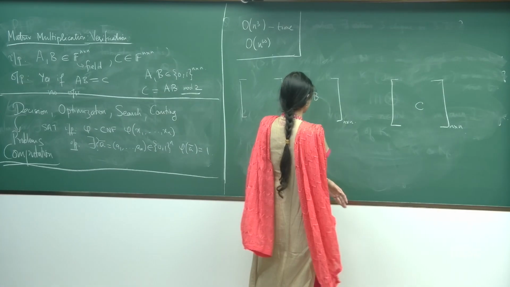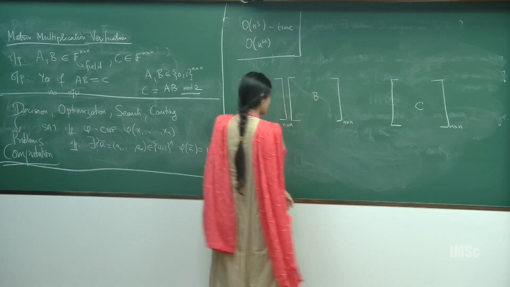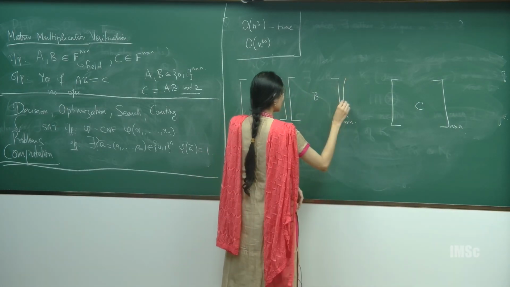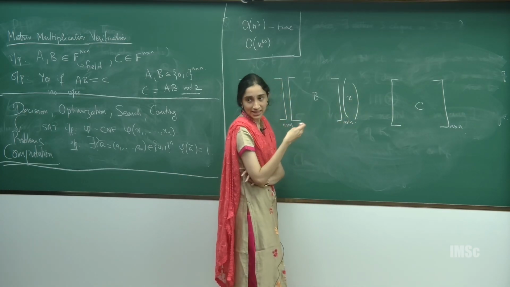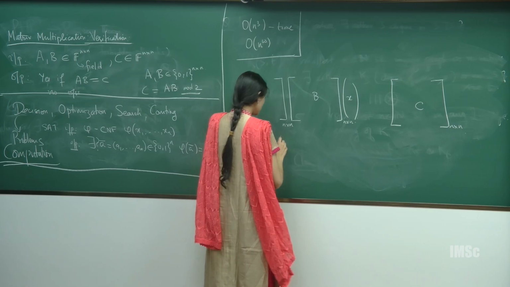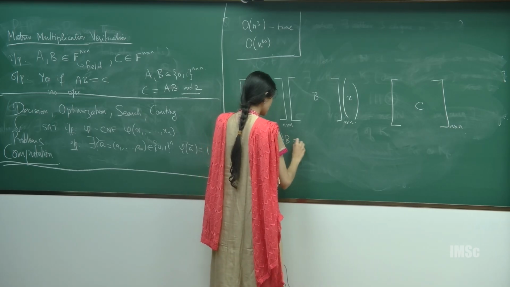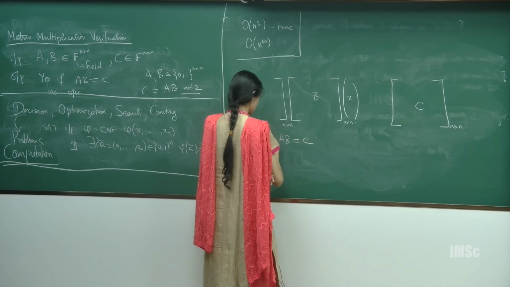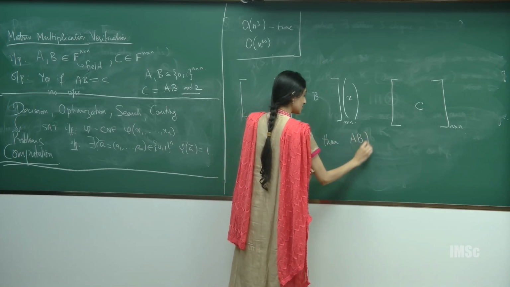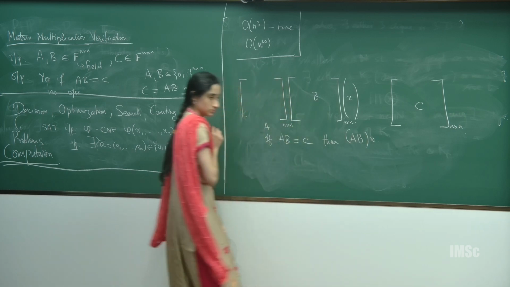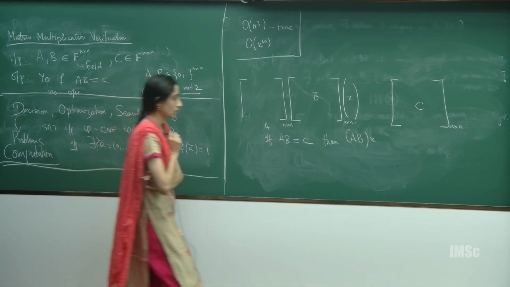So let's say that I take a vector, let me call the vector X. Vector means a column vector, it's n cross 1, okay? So if AB is equal to C, what can you say about ABX? It equals CX.